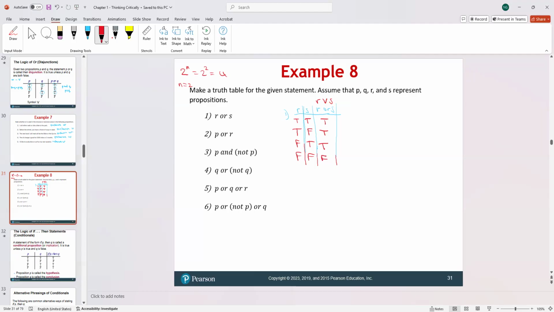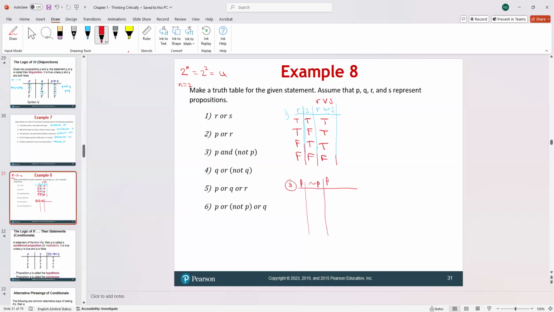So you see for number three, look what happened in number three. We have P, but the problem we have not P. Our answer here is to combine this.